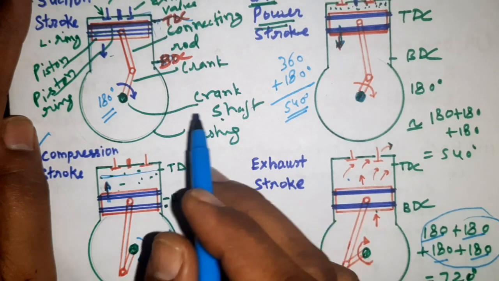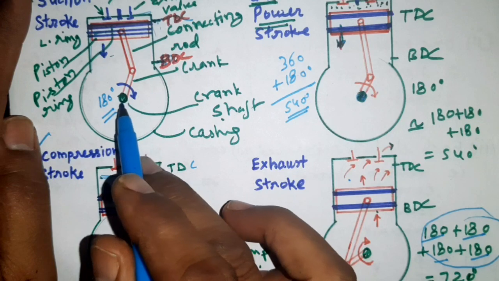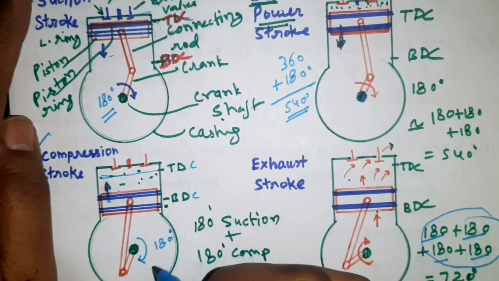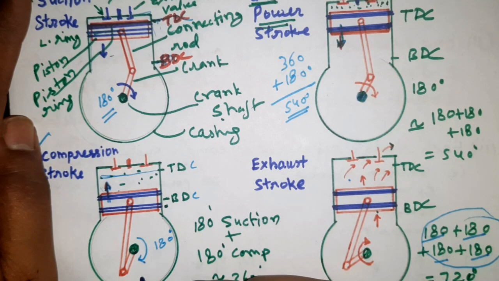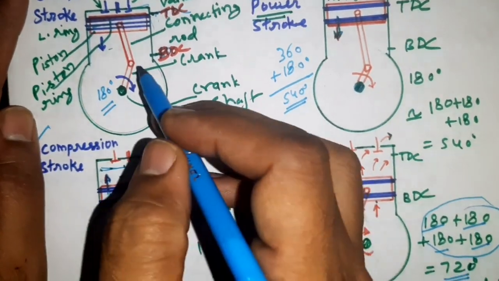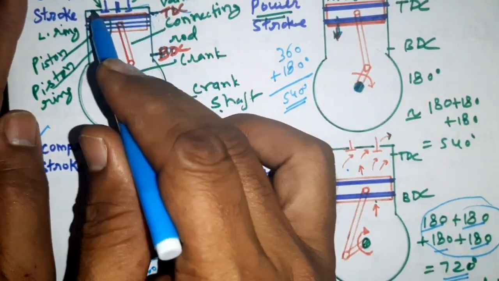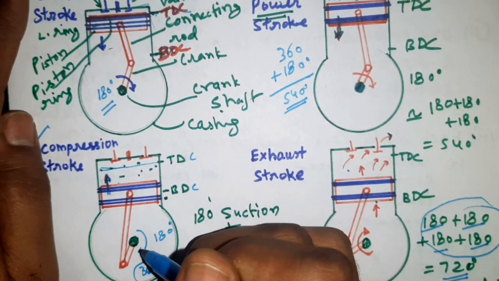So the total angle rotated by the crankshaft is 180 plus 180, which is 360 degrees, one revolution. So in these two strokes, suction and compression, one revolution of the crankshaft is completed.